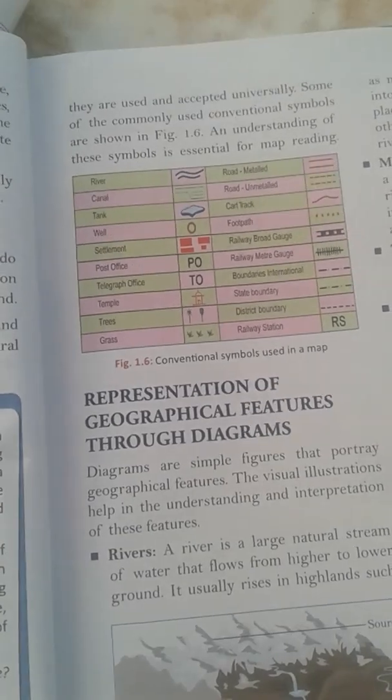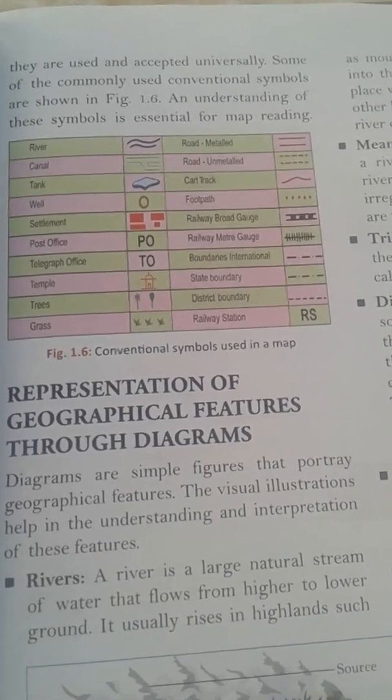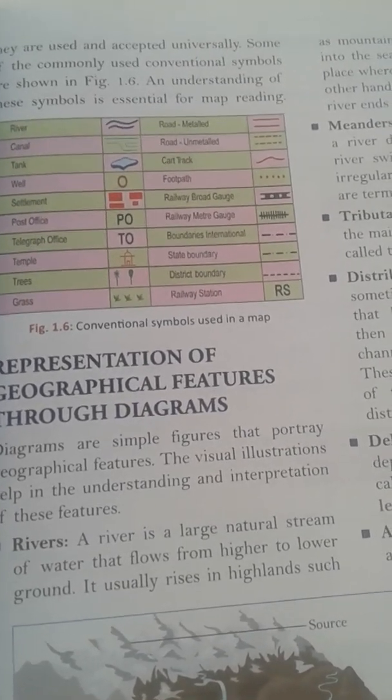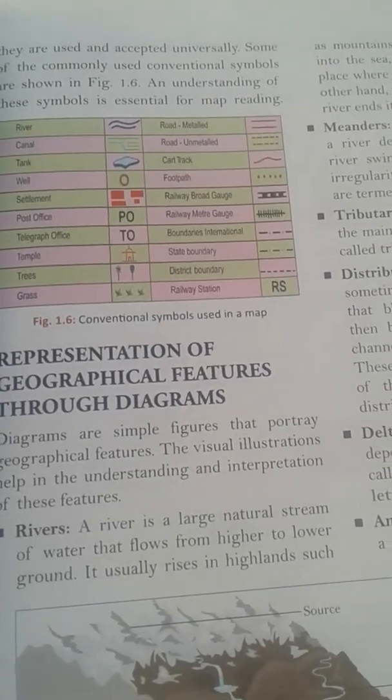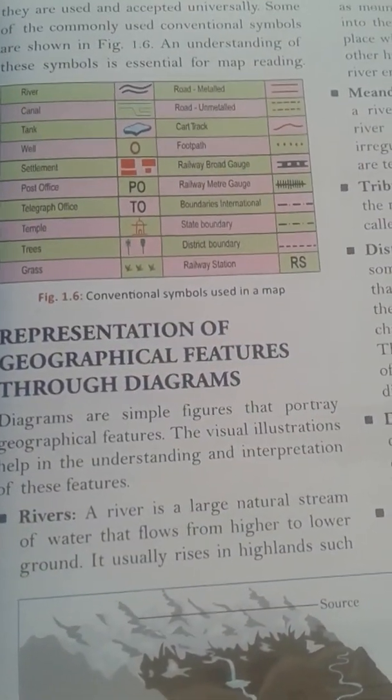Next is representation of geographical features through diagrams. Now, what are diagrams? Diagrams are simple figures used to portray geographical features. First, river. A river is a natural stream or natural body of water which flows from higher to lower ground.